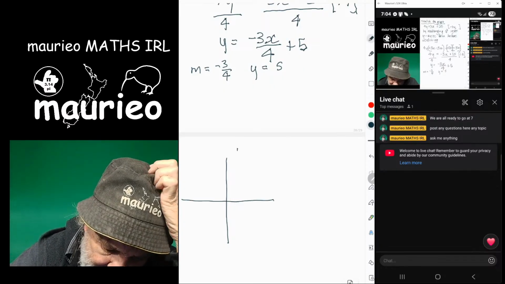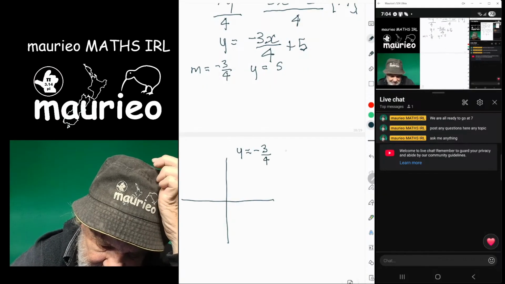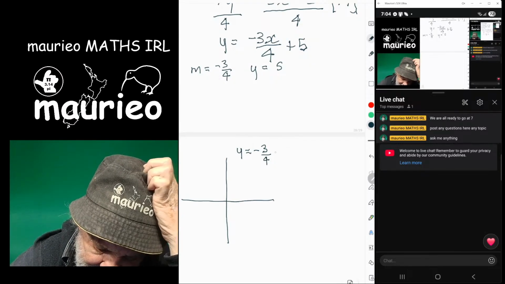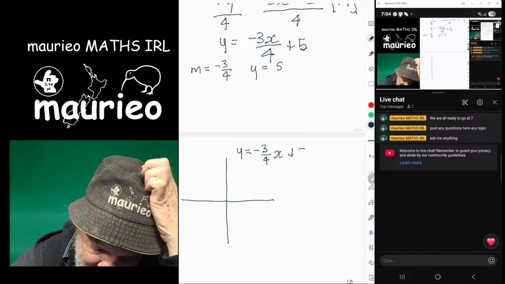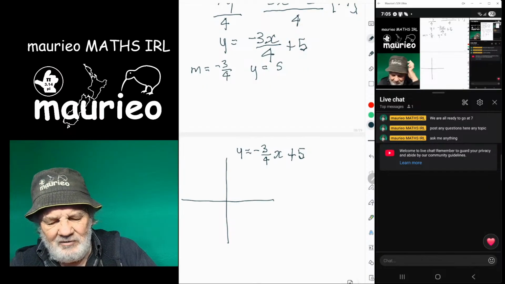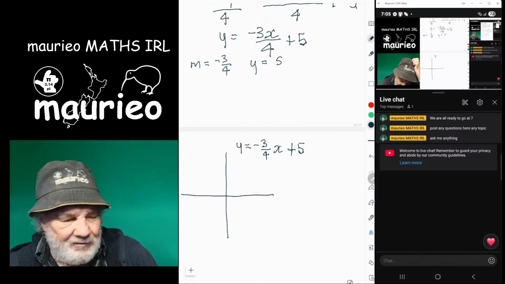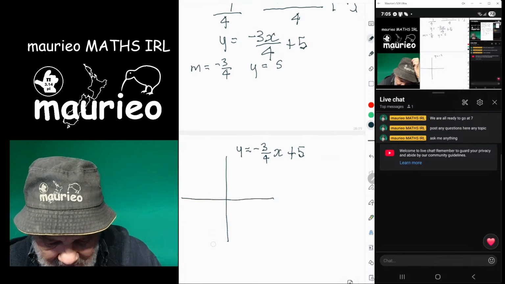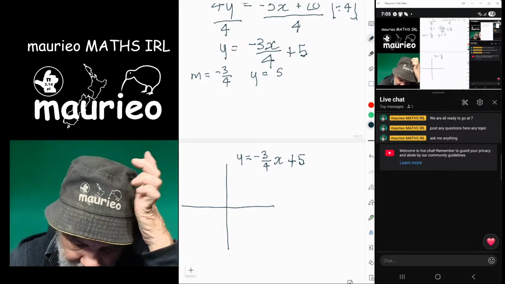So the graph we're sketching is y equals negative 3 over 4 x plus 5. Our gradient is negative 3 over 4, so it's going to decrease from left to right, or go downhill, like that there.